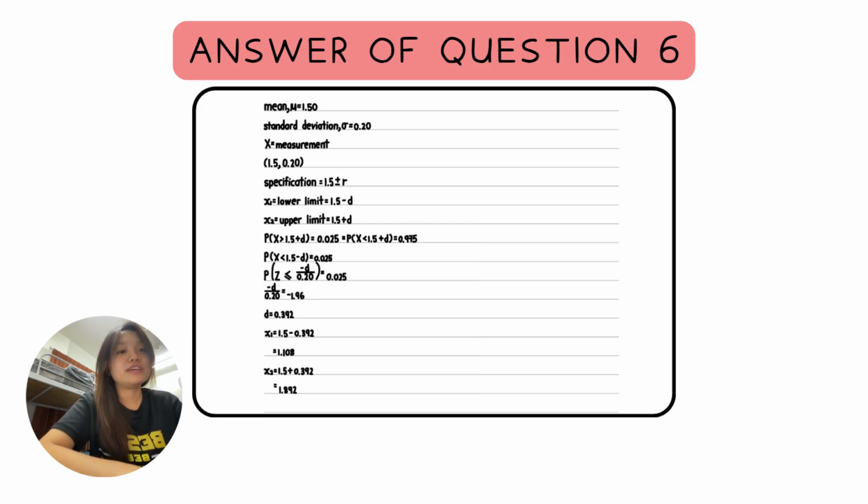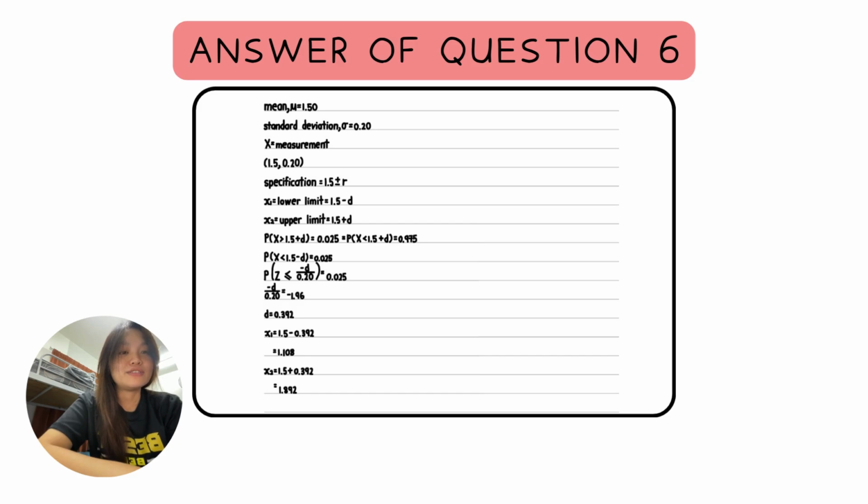We assume that x is equal to the measurement and the specification given is 1.5 plus or minus r. Through the given information, we can create the equation x1 equal to the lower limit, which is 1.5 minus d, and x2 the upper limit equals 1.5 plus d. And we must use the given information to find the value.